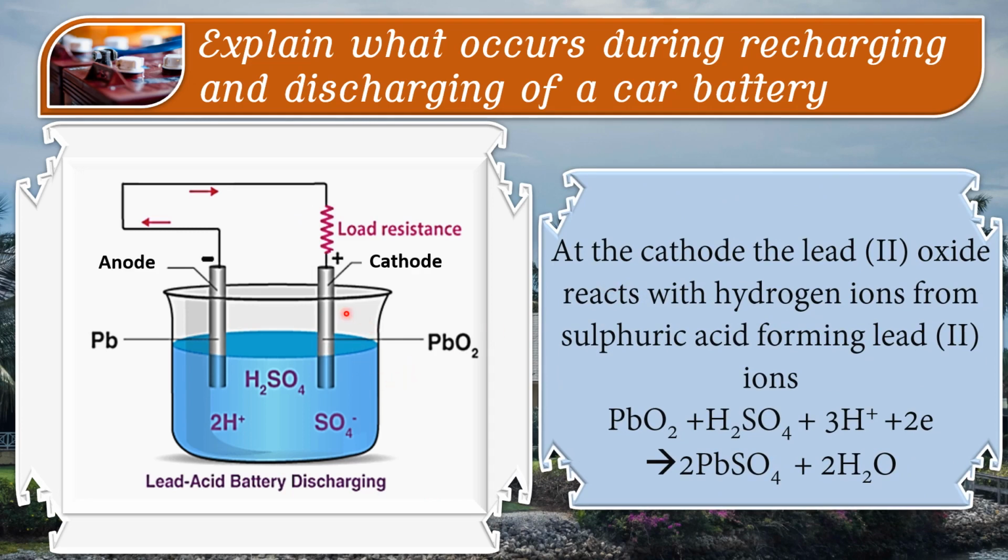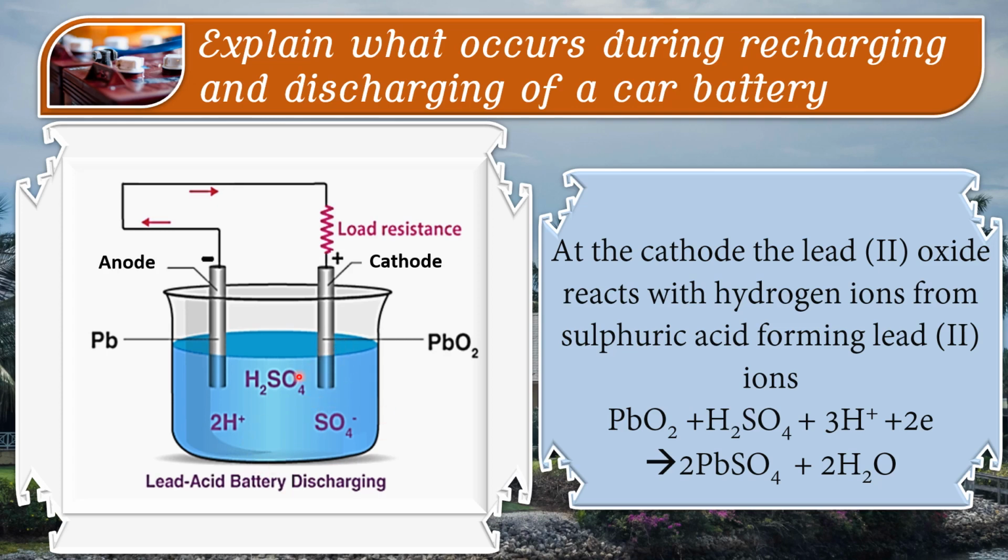Now, at our cathode here, the lead 2 oxide reacts with hydrogen ions from sulfuric acid, forming lead 2 ions. So what is happening here? The lead 2 oxide is going to dissolve also to form lead 2 ions, and it will also react with hydrogen, which is coming from the sulfuric acid, to form water.